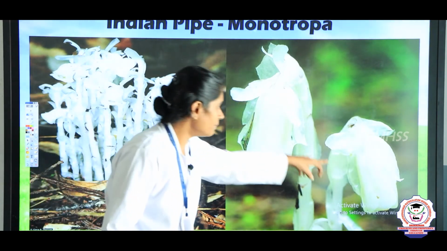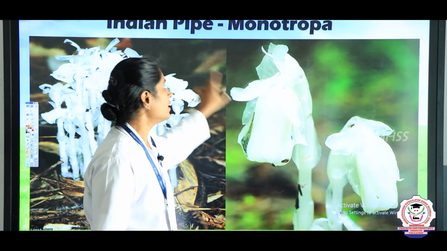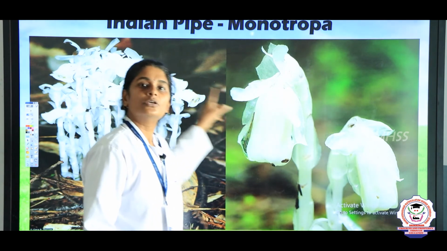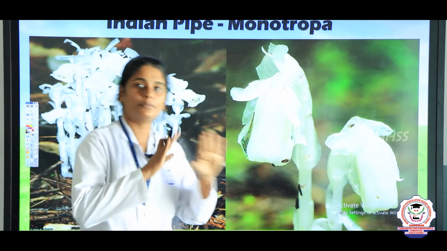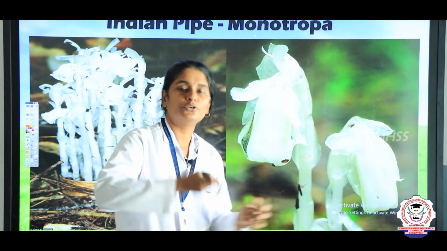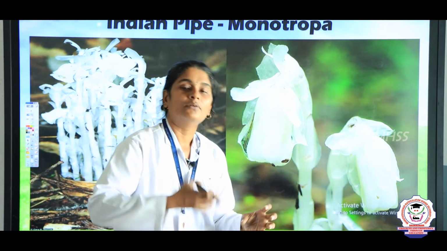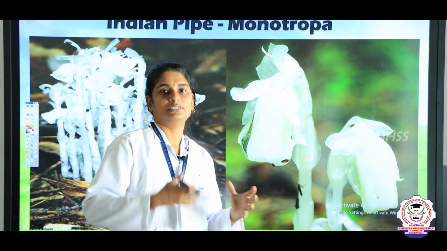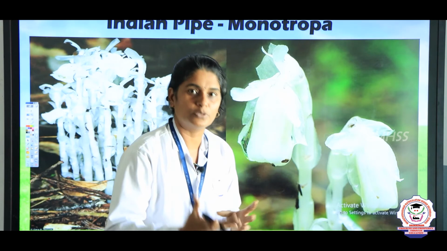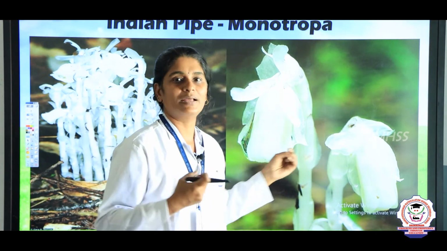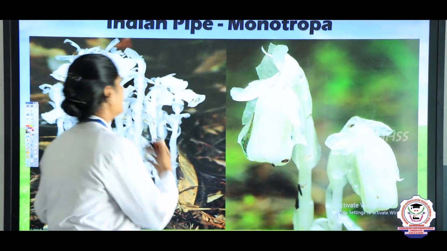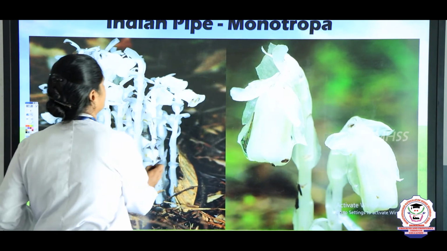It looks like a pipe, and its botanical name is Monotropa. This plant also cannot prepare food, and it takes nutrients from the soil, which is decomposed by dead plants and animals. Once the dead plants and animals decompose, the nutrients are present in the soil, and from that soil these plants take their food. They will not prepare their own food.